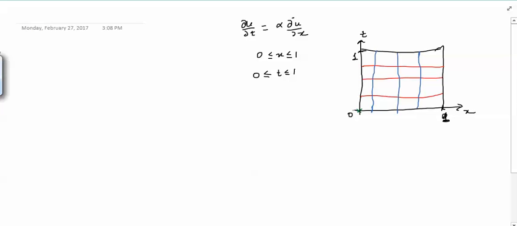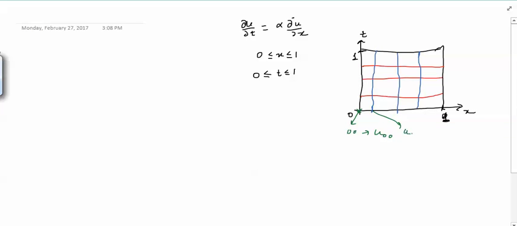This is just a notation: we will denote this grid point as 0 0, which means your x coordinate is 0 and t coordinate is 0. The value of the solution at this grid point we will write as u 0 0.